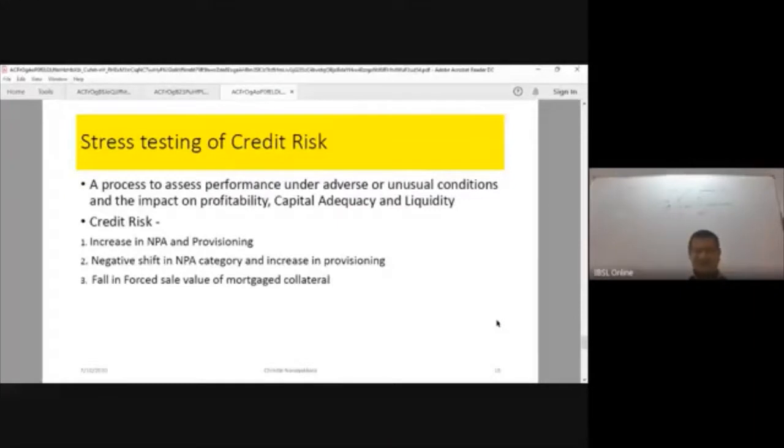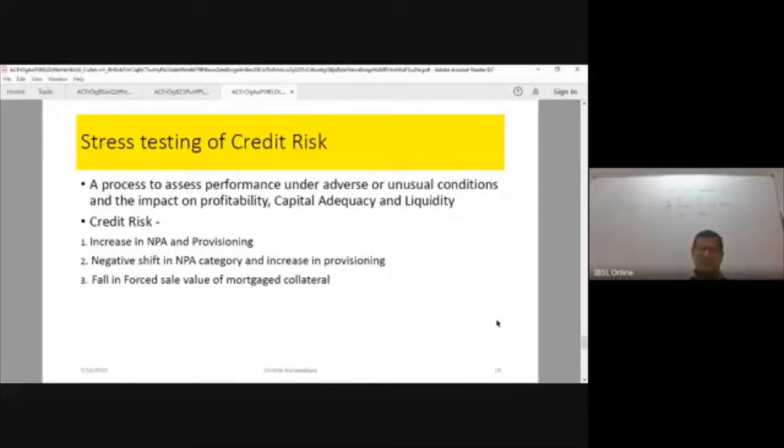Customers generally, as long as their collateral is higher in value than the amount they have borrowed, keep on with the intention of somehow repaying or asking for reschedulement, or the bank will also have hope that we could recover our money. But if the forced sale value of mortgage collateral falls below the outstanding of the loan, then the bank will need to expect losses.